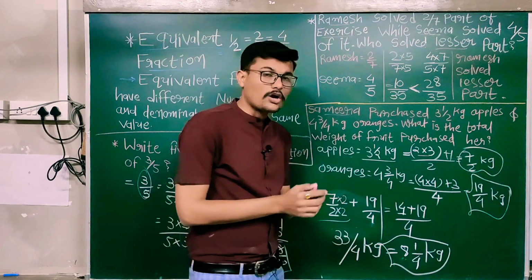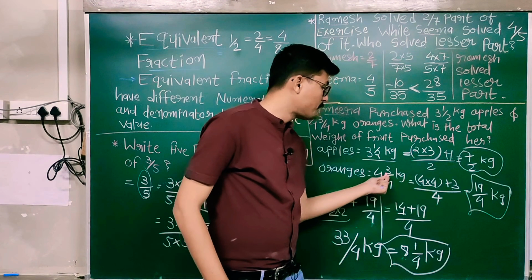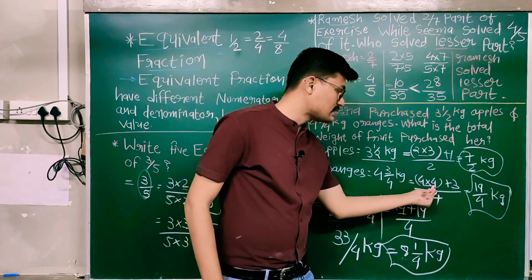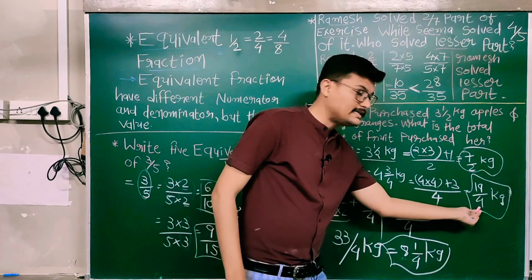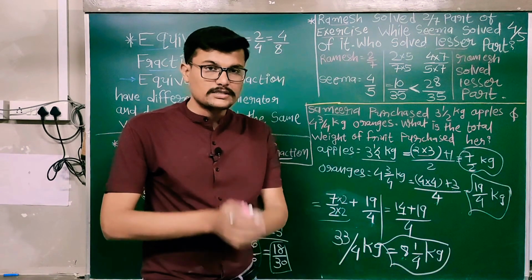Now let's talk about oranges. So यहाँ पे 4 4s are 16 plus 3, 19 upon 4 as it is. So 19 upon 4 kg oranges are purchased by her.